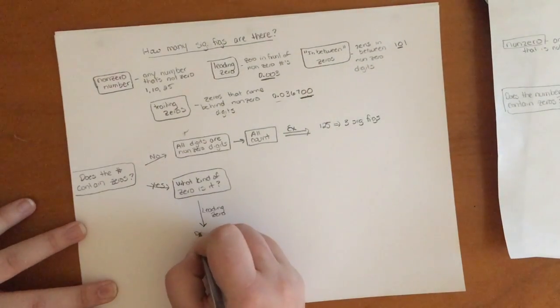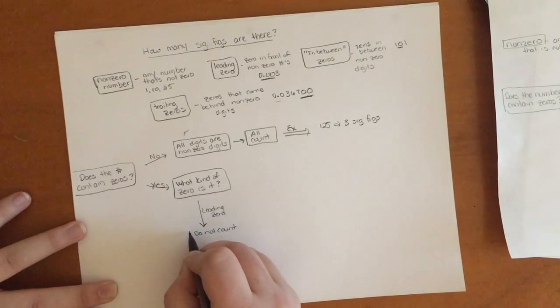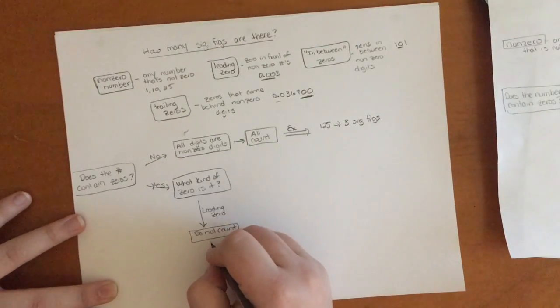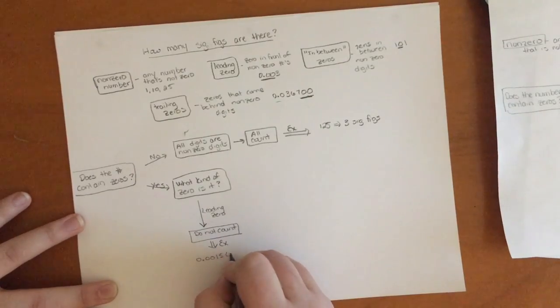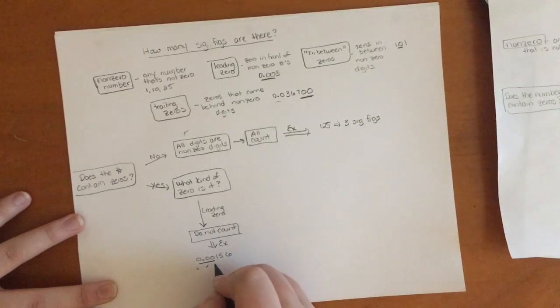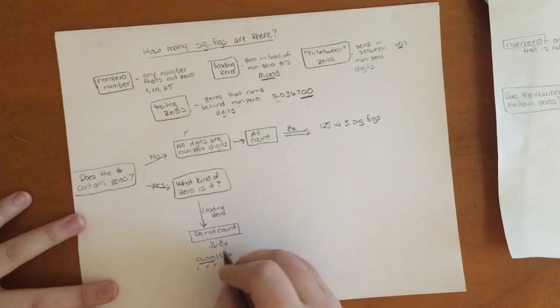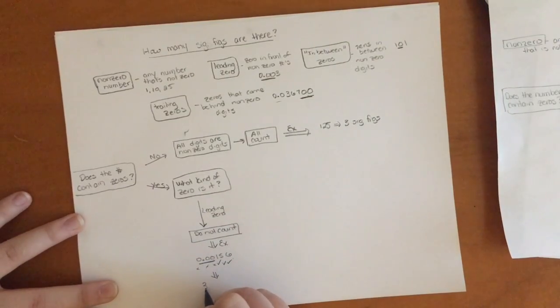They do not count towards significant figures. So for example, if I had 0.00156, these leading zeros do not count. So this one doesn't count, this one doesn't count, this one doesn't count. These three are all non-zero digits, so the last three do count. So that means we have 3 significant figures.